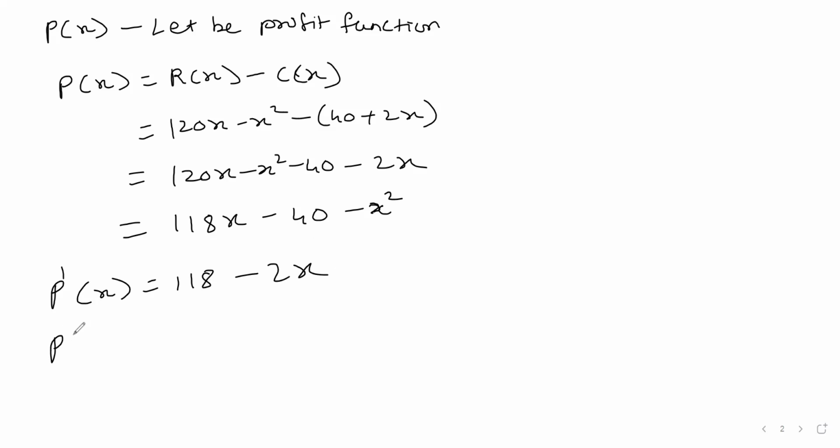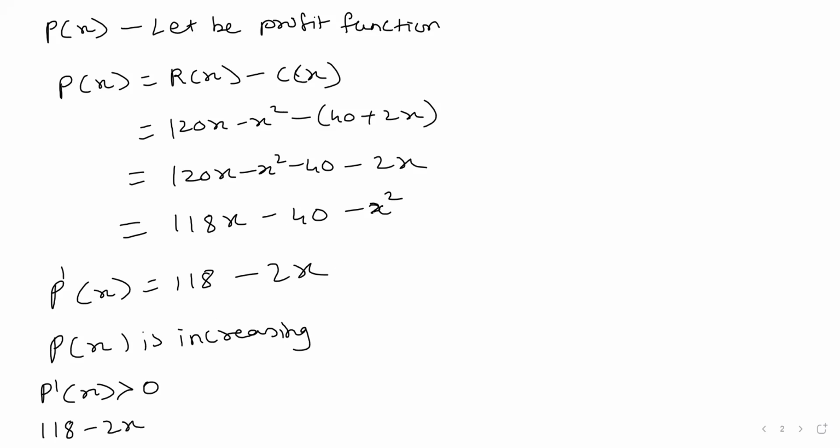Now if profit is increasing, so this should be greater than 0. So 118 minus 2x should be greater than 0.